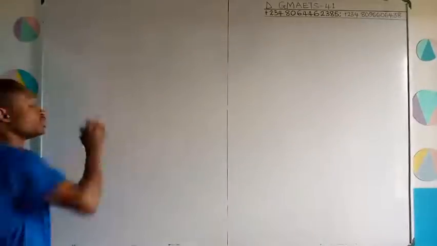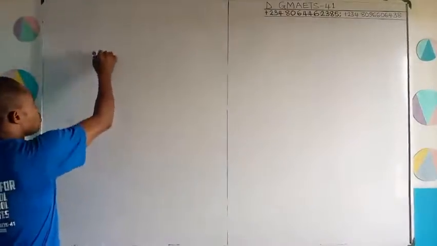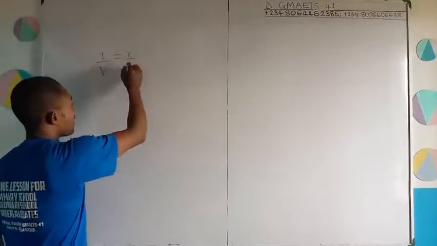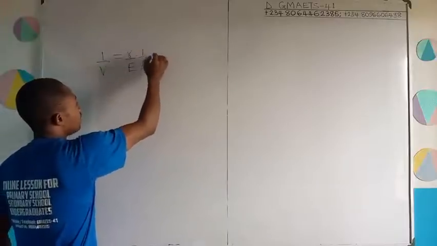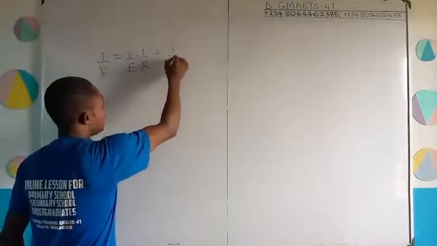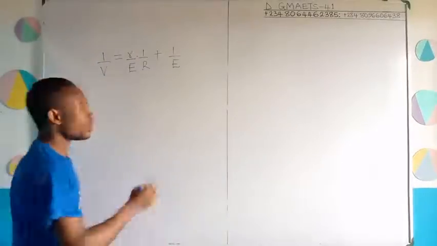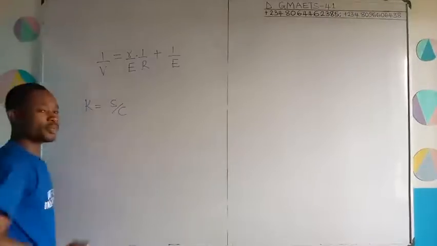You recall that I told you the theoretical equation guiding this experiment is giving us 1 over V equal to small r, which is the internal resistance, over E, multiplied by 1 over R, and then plus 1 over E. Now we were asked to evaluate K. K was given to be equal to slope over intercept.